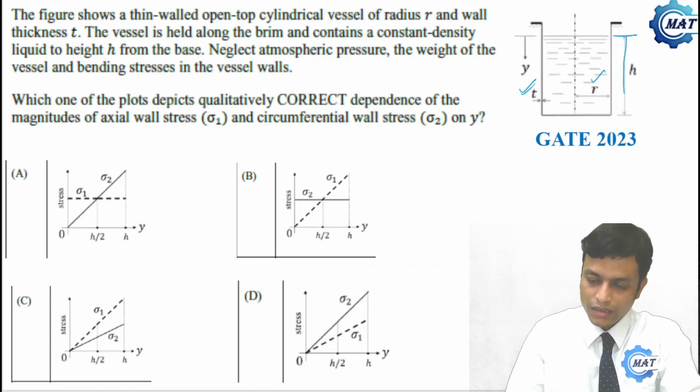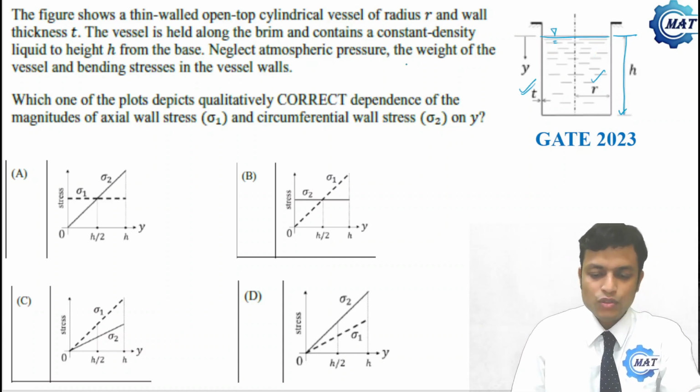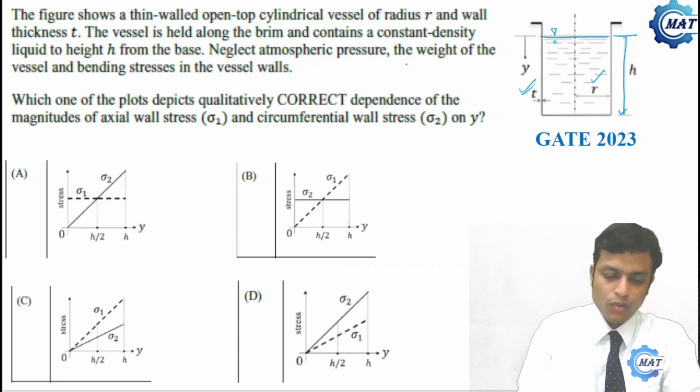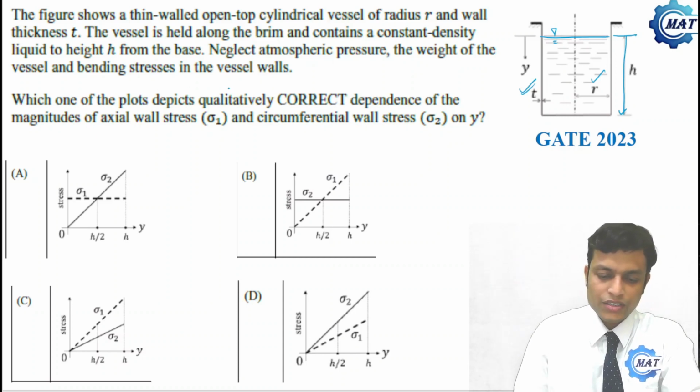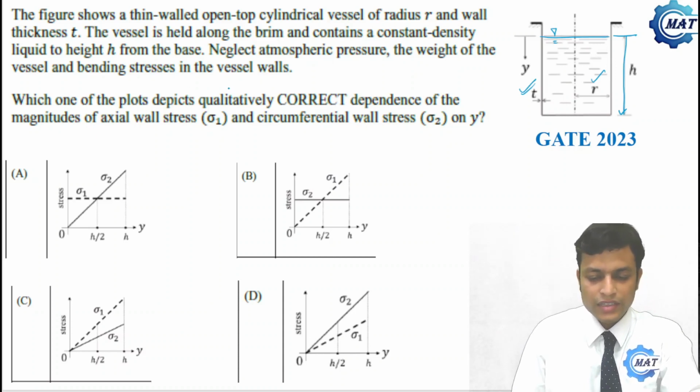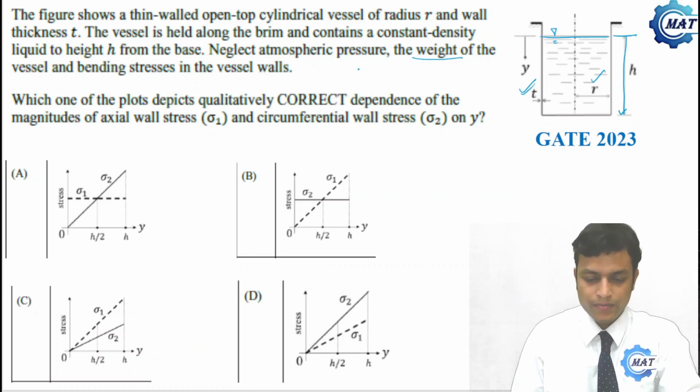So this is the height, and the liquid is filled up to this level. Neglect atmospheric pressure, the weight of the vessel and bending stress in the vessel walls. So the weight of the vessel, atmospheric pressure, and bending of the wall are all neglected.